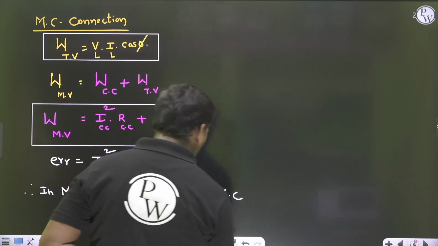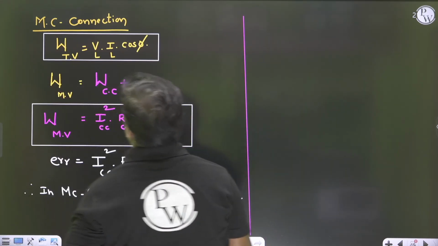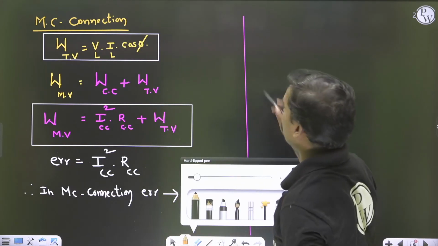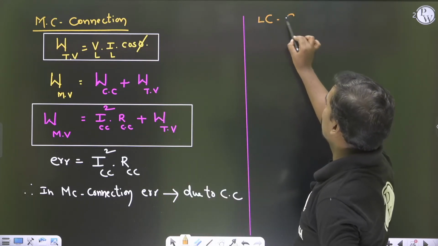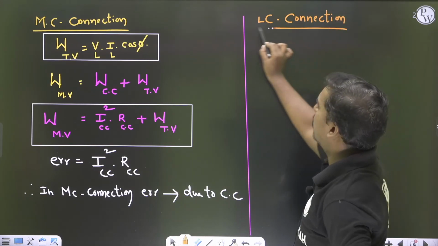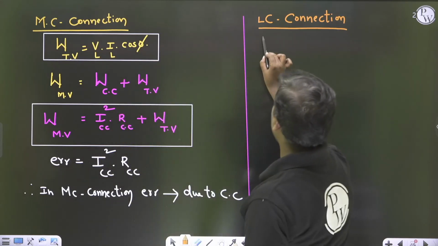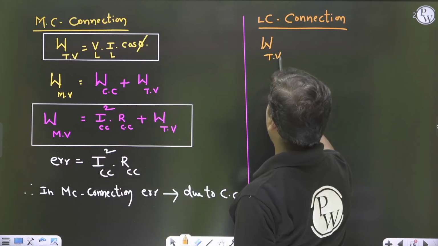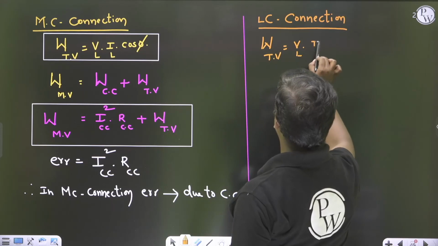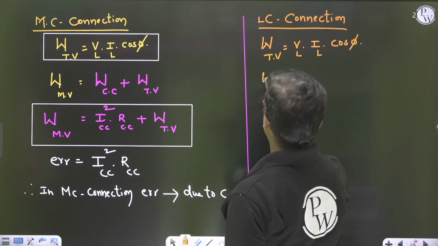Let us take one more case now, the second case, that is LC connection. LC connection means the moving coil is connected at the load side. So here also the true value is VL IL cos phi, but what is the measurement value?